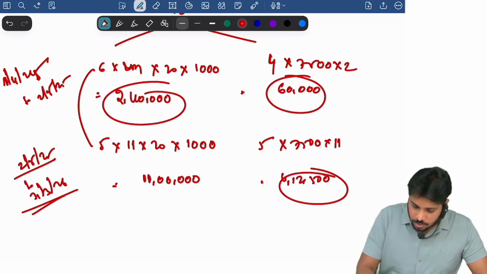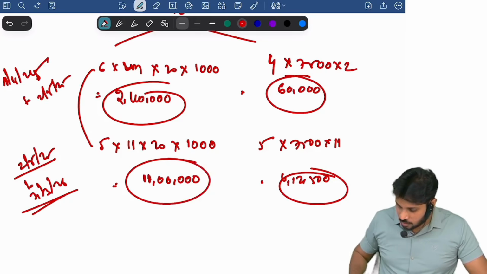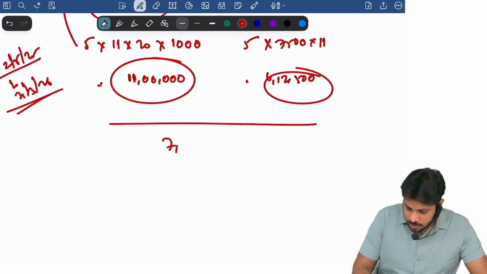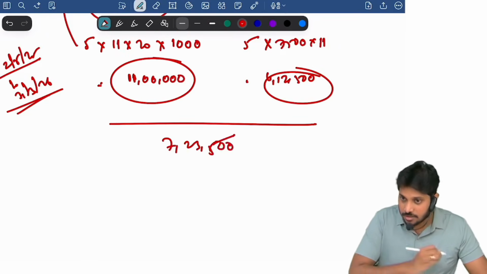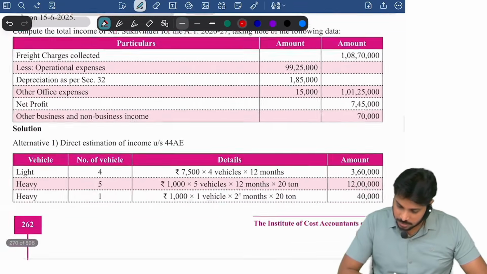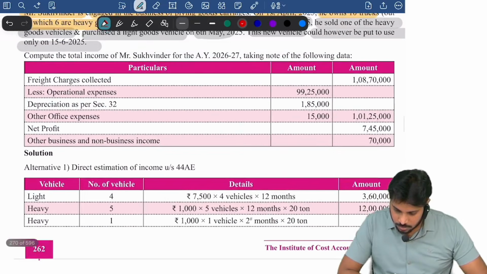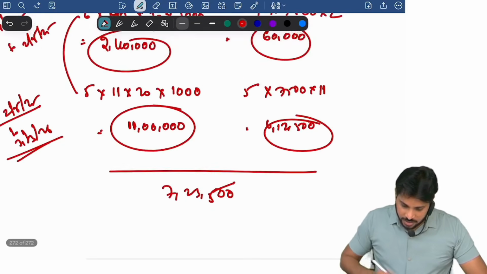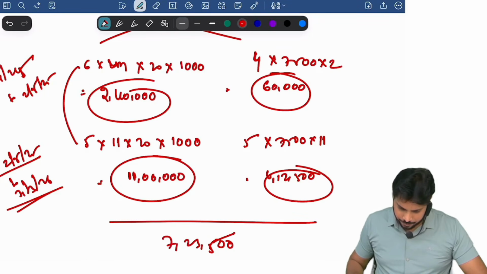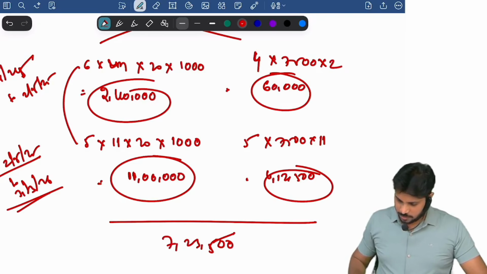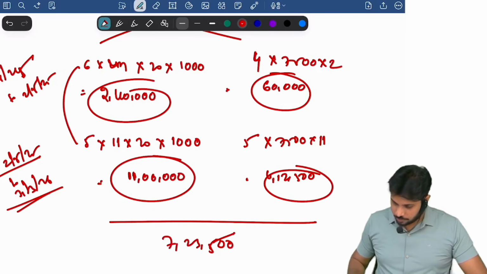So what is the presumptive income? 2,40,000 plus 60,000, 11 lakh, plus 4 lakh 12,500. Total presumptive income, 7 lakh 23,500. Look at the answer. Did we calculate correctly? 5 into 7,500 into 11 months is equal to 4,12,500. 4 into 7,500 into 2 months, 60,000.